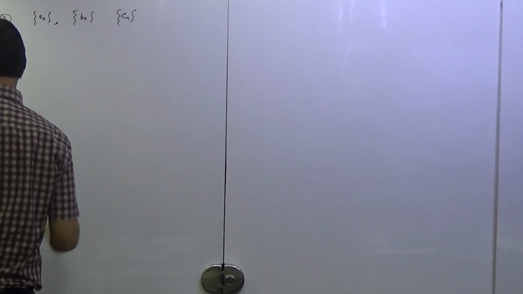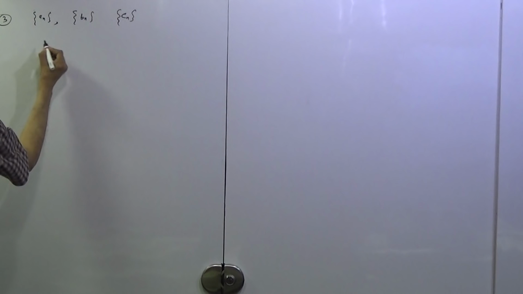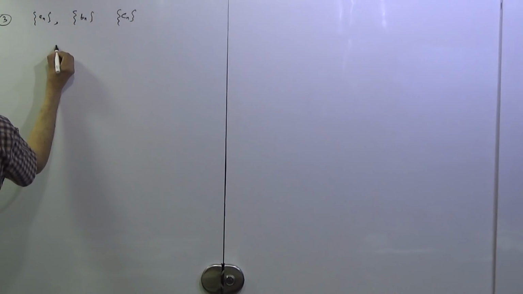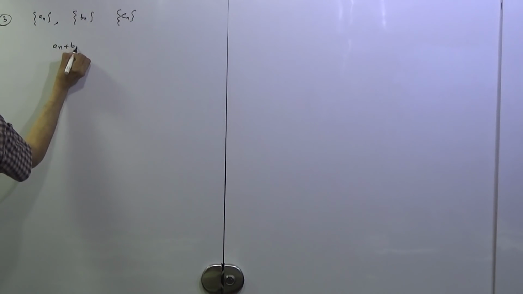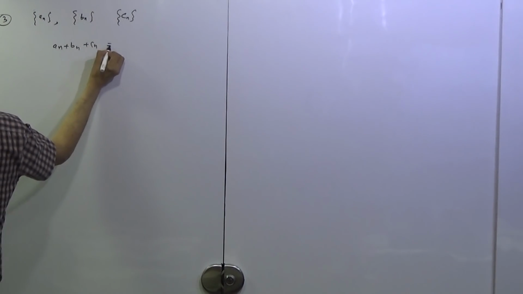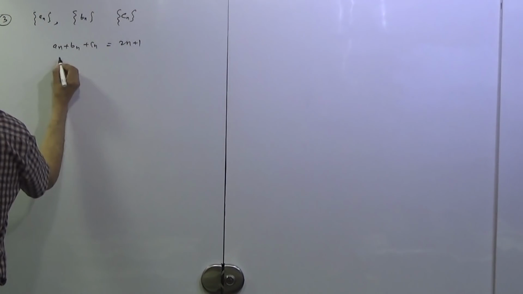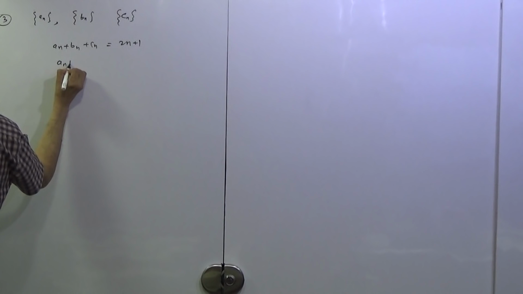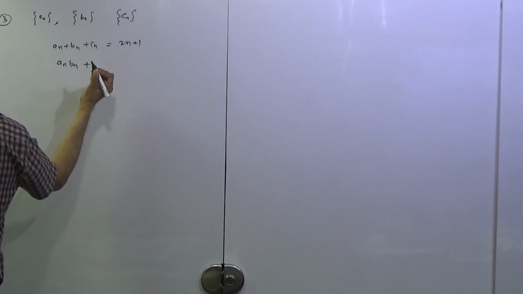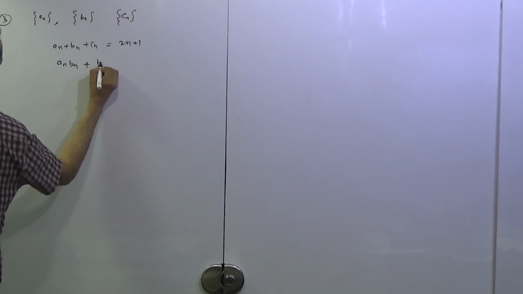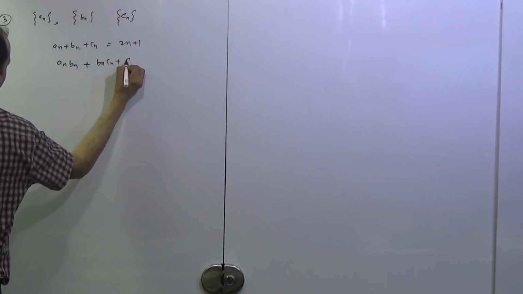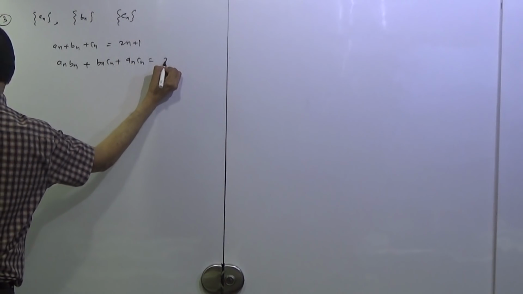There are 3 sequences, and the results related to them are given: a_n plus b_n plus c_n is equal to 2n plus 1, and a_n b_n plus b_n c_n plus a_n c_n is 2n minus 1.